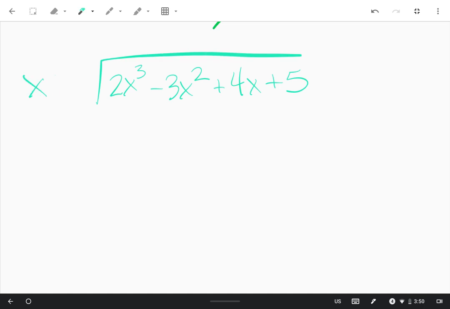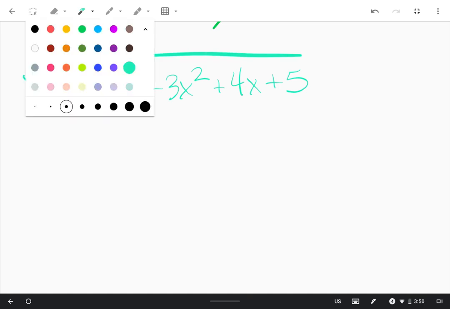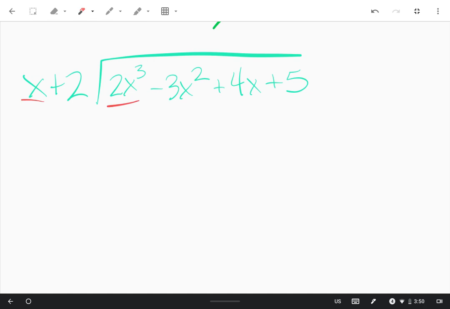Say we have 2x to the third minus 3x squared plus 4x plus 5 divided by x plus 2. First things first, divide the first terms. 2x to the third divided by x is 2x squared. That goes here.